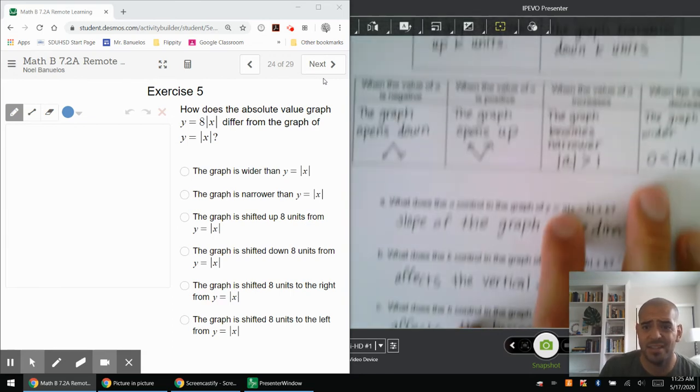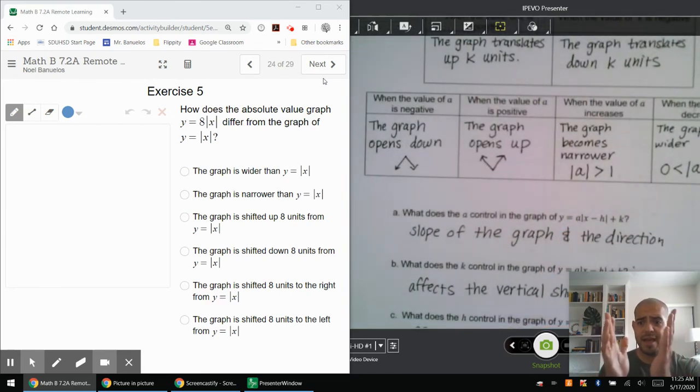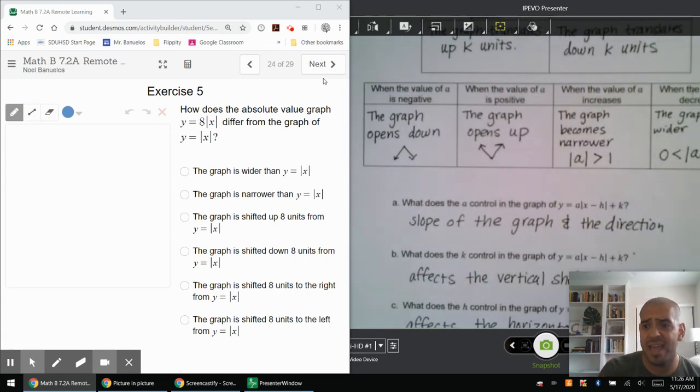And what does a do? It affects the slope. It makes it narrower, wider, or facing down. So in this situation, it's 8. The value of a increased, so the graph is narrower. I can't pronounce that. Moving on.